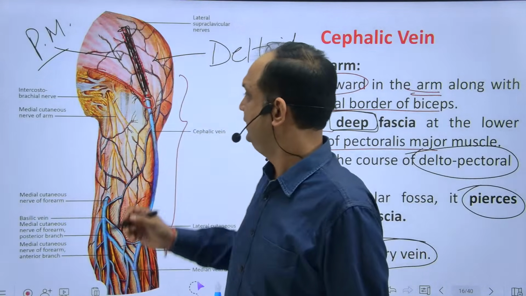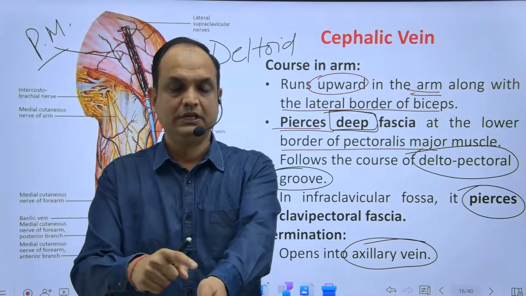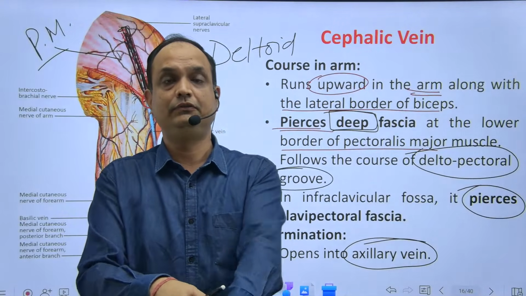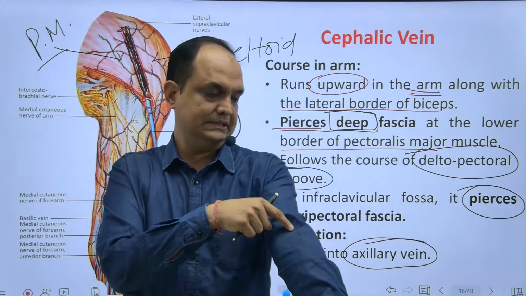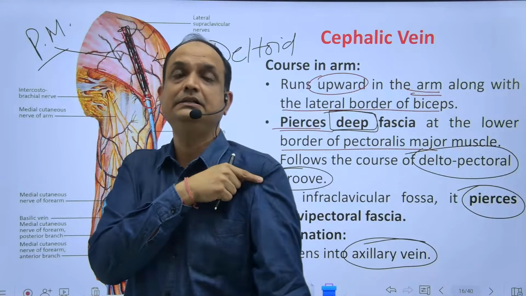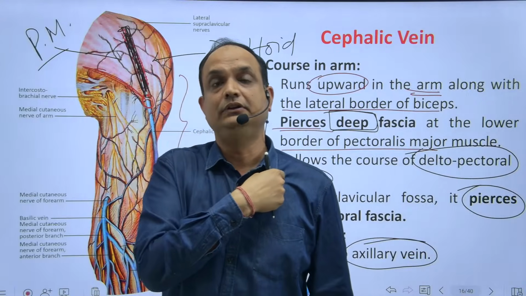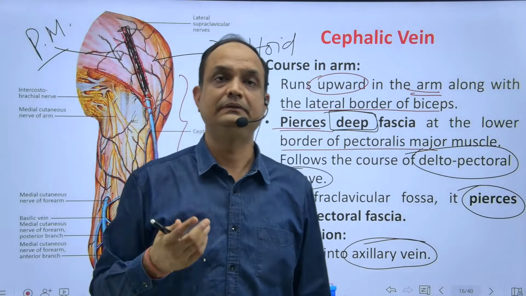So you can understand that the cephalic vein has a very long course, starting from the lateral end of the dorsal venous arch, then running, becoming deep at this point, running in the deltopectoral groove, and after that entering the axillary vein by piercing the clavipectoral fascia.